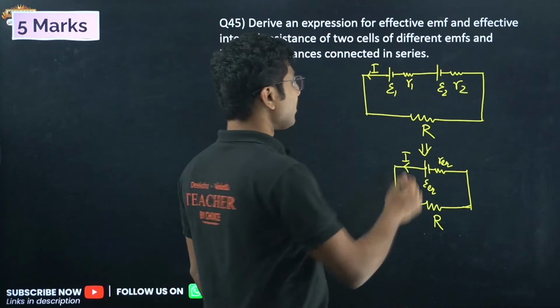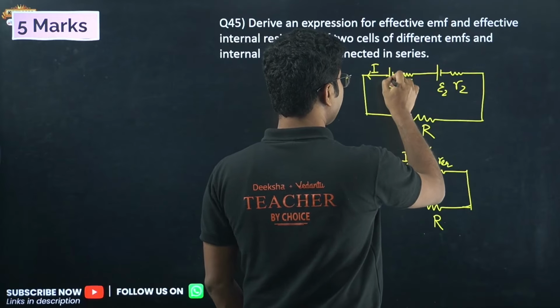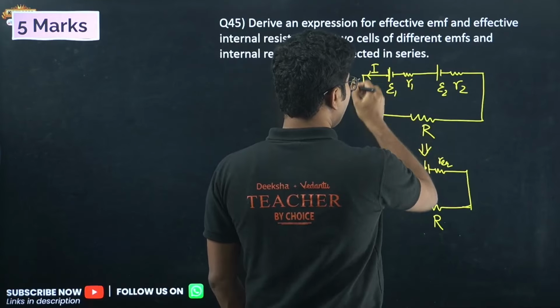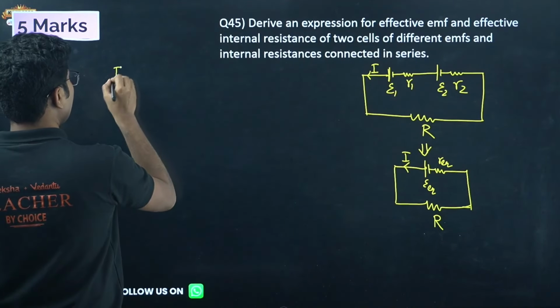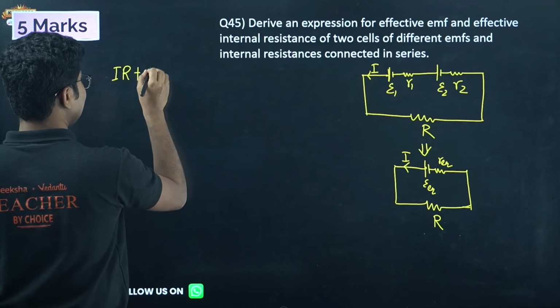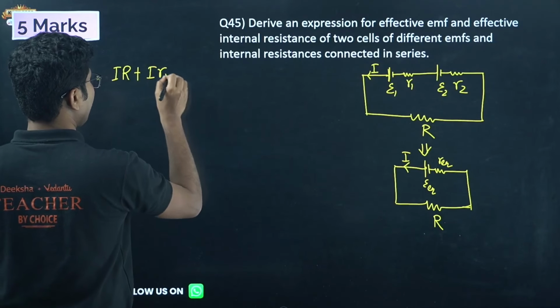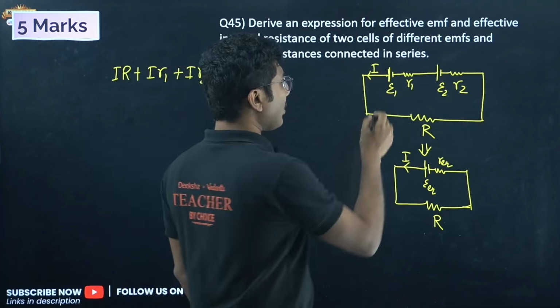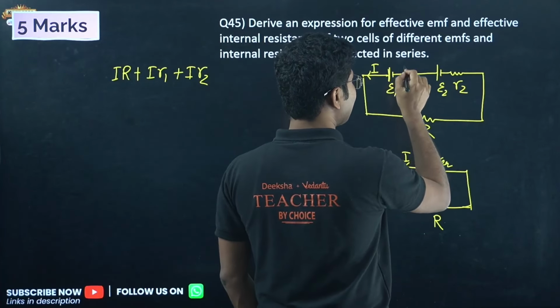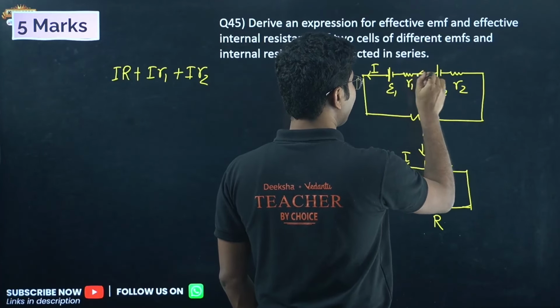Kirchhoff's law says that if we are going in the direction of the battery, we will say I into R plus I into small r1 plus I into small r2. Same current, remember, whatever current is exiting the battery, the same current should come back to the battery as well.